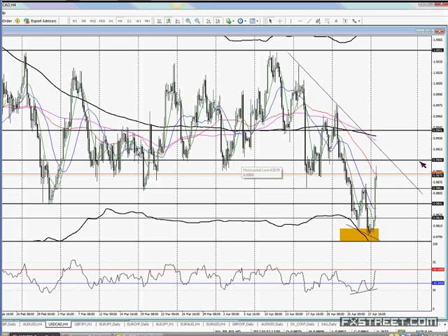The 99 psychological handle, and maybe a little higher. They'll give it some elbow space, but when we test this declining trend line, that's going to be key, because we did just break below 98.40, and then we're getting some kind of a pullback from that. But from the 99.20 area, we could again look for a bearish outlook from there.